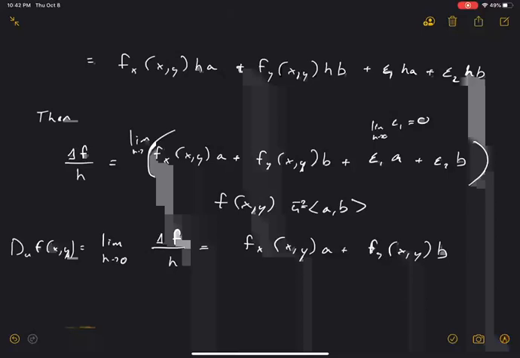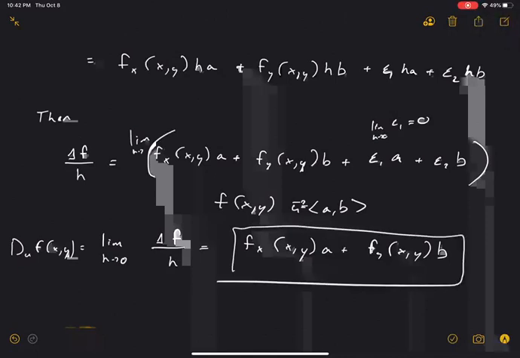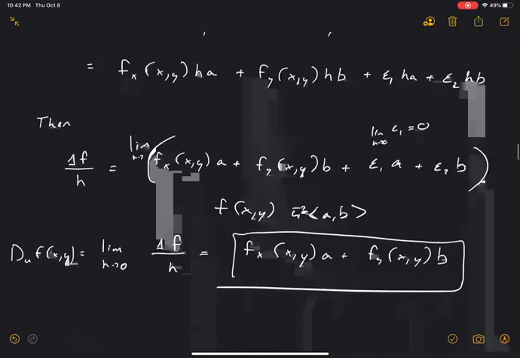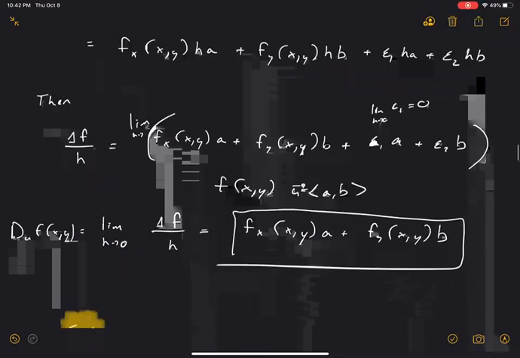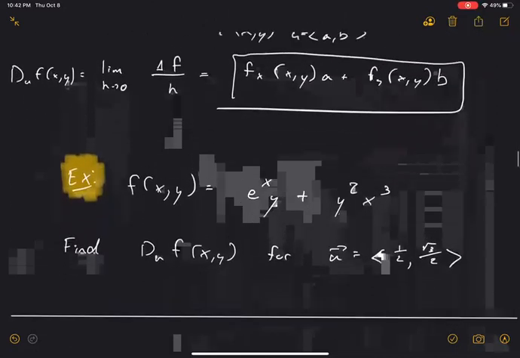Well, it turns out that derivative in that direction, if f is differentiable and this is a unit vector, is just going to be given by this: f sub x times a plus f sub y times b. Okay. So this is our shortcut. This is how we evaluate that directional derivative.